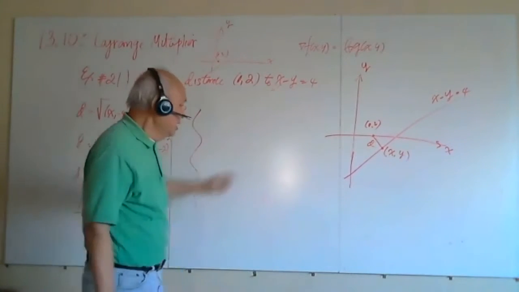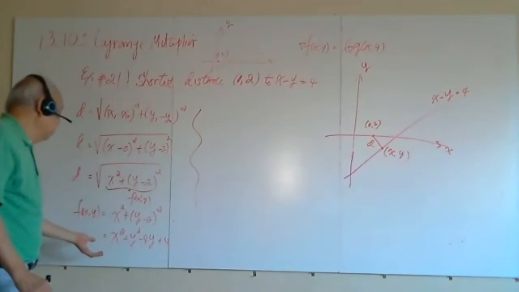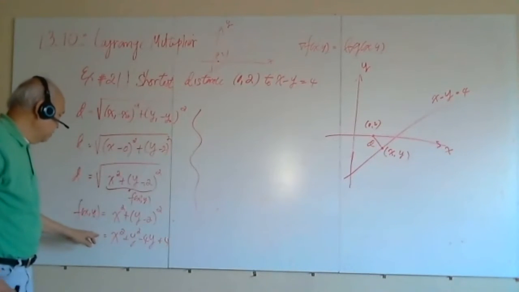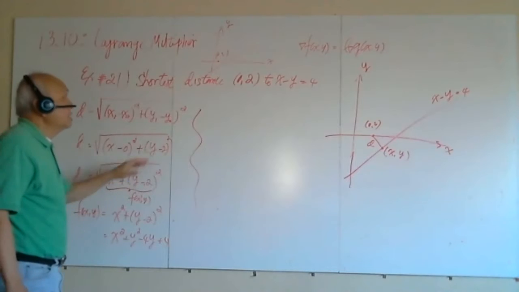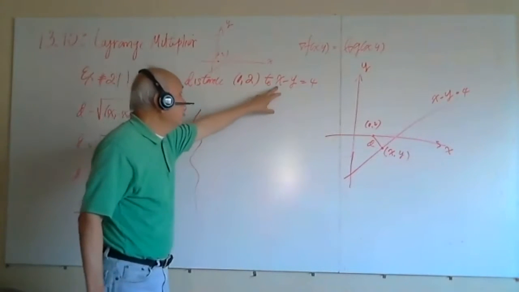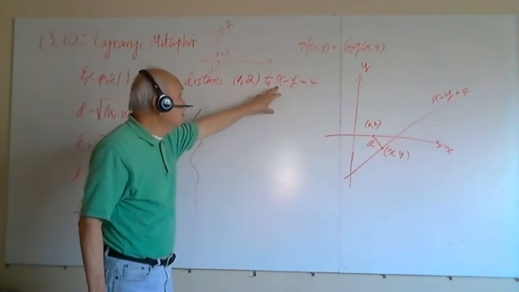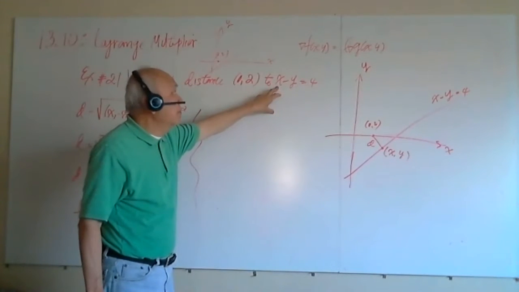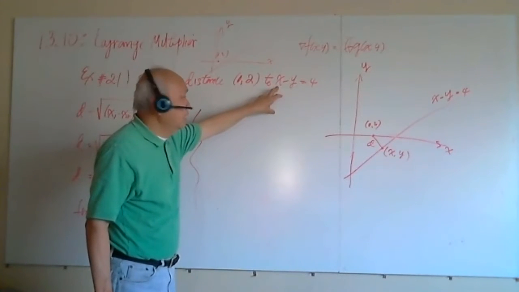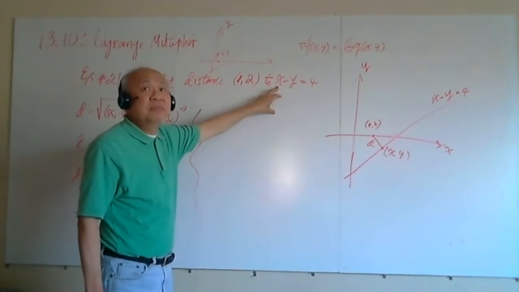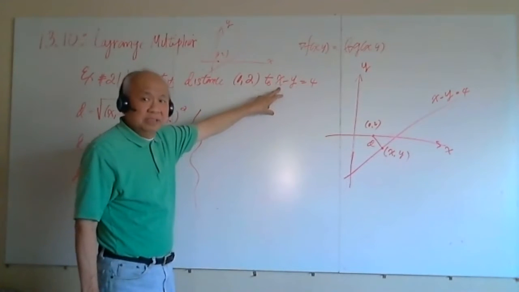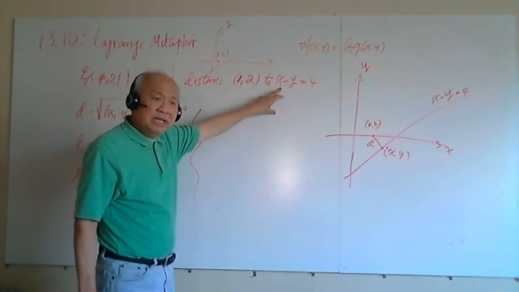Okay, let me repeat one more time. Whatever you come up with here has to be constrained by this relationship. You cannot be less than x minus y equals 4. You cannot be more than x minus y equals 4. You have to be exactly x minus y equals 4.